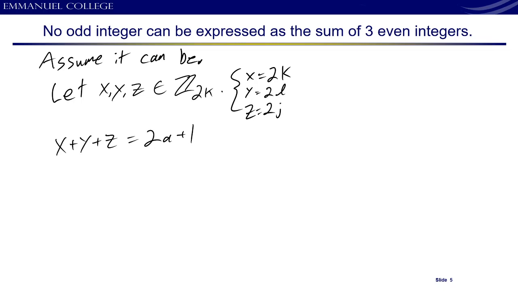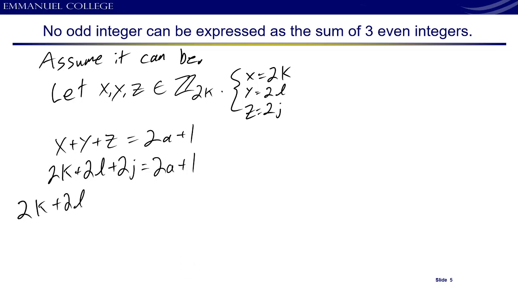So if we assume it does happen, I get 2k plus 2l plus 2j is equal to 2a plus 1. Now you might already be able to see the fallacy here, but we need to get it concrete and set in stone. If I subtract over 2a, I get 2k plus 2l plus 2j minus 2a is equal to 1.